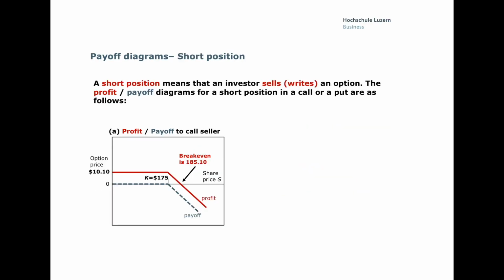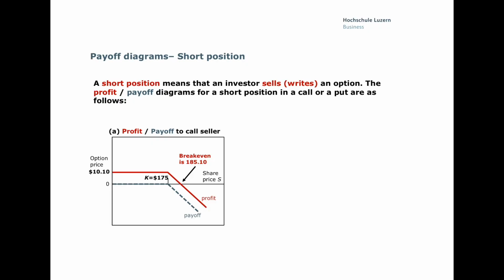Next, we will have a look at what it means to have a short position in an option. A short position means that an investor sells an option. Very often it is also said that the investor writes an option. An investor who writes a call option receives income in form of the option premium as payment against the possibility she will be required at some later date to deliver the asset in return for an exercise price less than the market value of the asset.